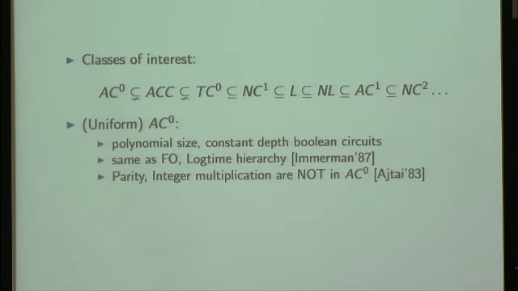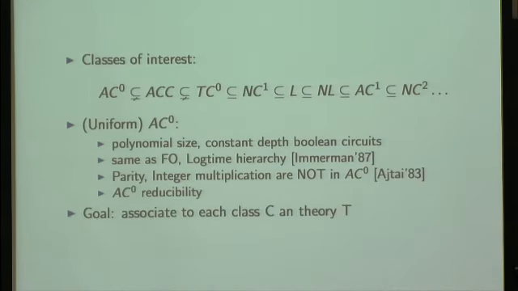It is also interesting because one of the most important results in complexity theory states that the parity function is not computable in this class, and it follows that many other functions are also not computable in this class. One of them is the integer multiplication function. It is also important for this talk because I'll be using the notion of AC0 reduction.